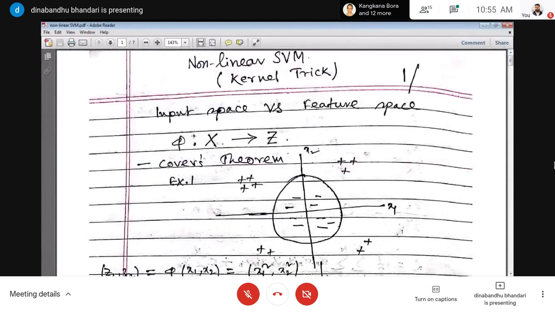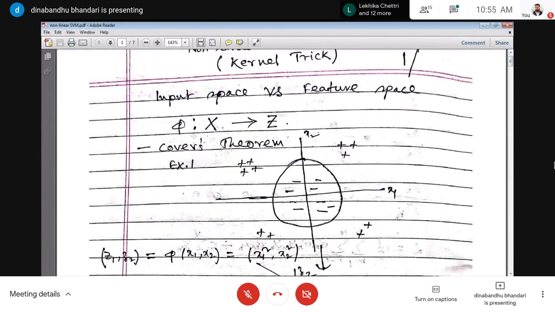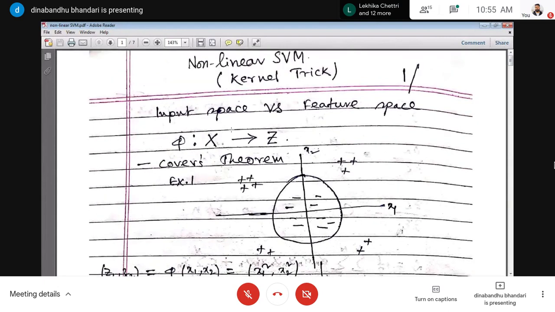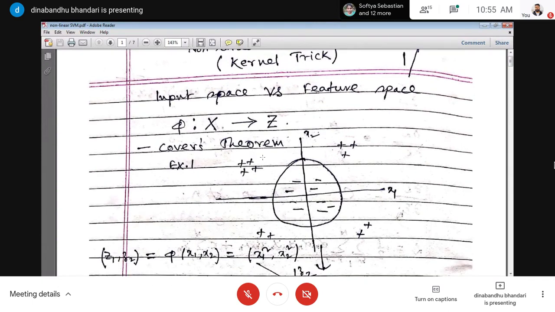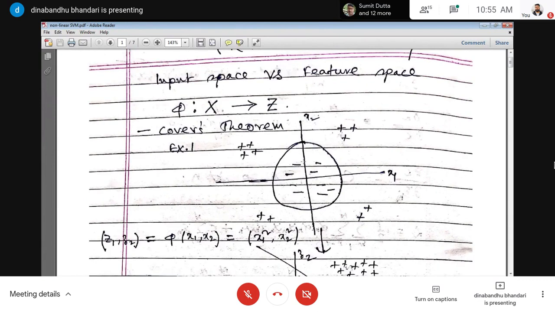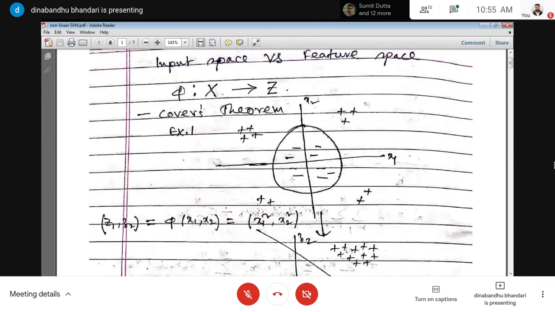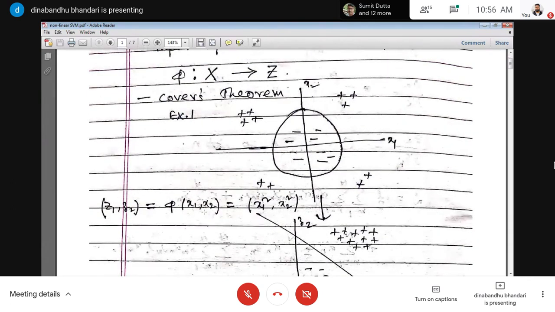Okay, so I was talking about the other data, that is this one. Suppose we have this input space. The negative points are very close to the origin, and the other data, the plus points, are like this. Then it is easy to map these points from this space to another space, with the mapping phi of (x1, x2) equal to (x1 square, x2 square).